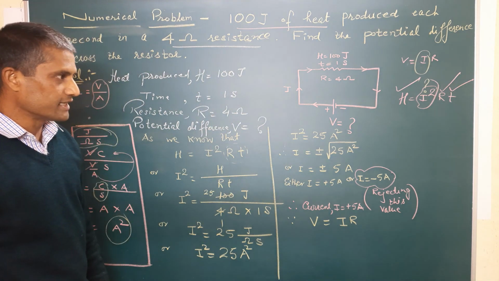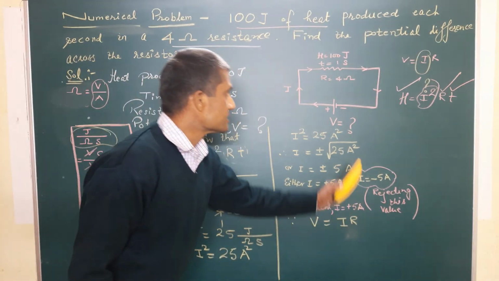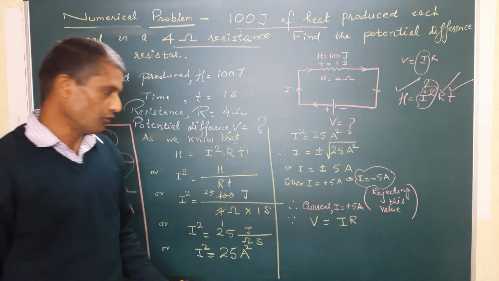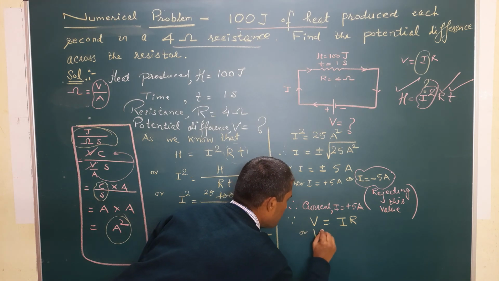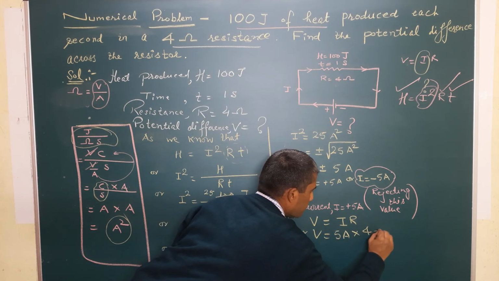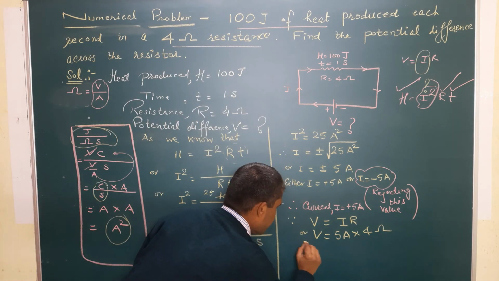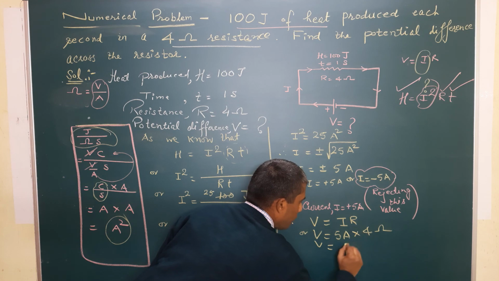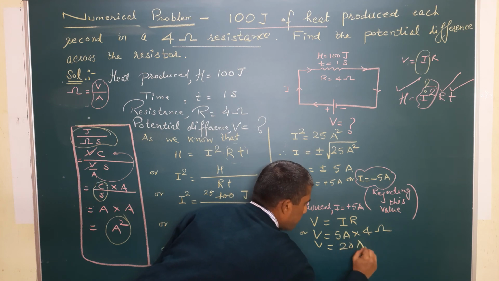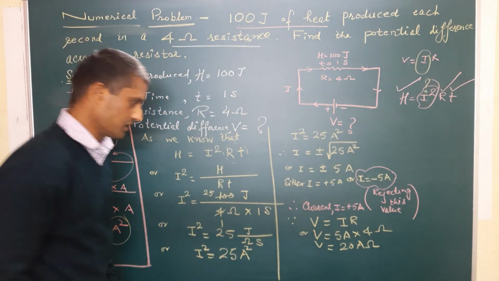V is equal to IR. Put the value of I, that's 5 ampere, and the resistance is already known to us, that is 4 ohm. Or V is 5 ampere multiplied by 4 ohm. It comes out to be V is equal to 20 ampere into ohm, which comes out to be volt.